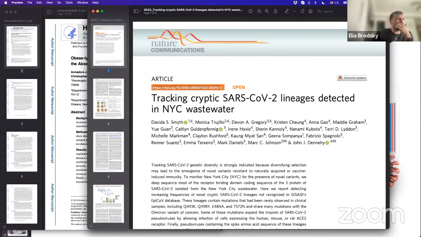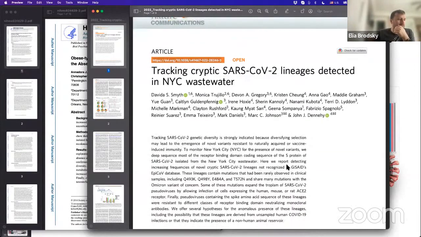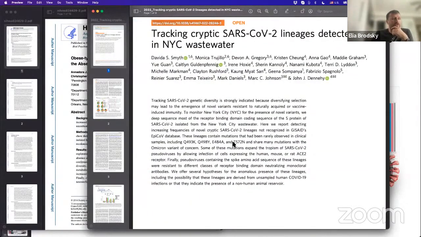And the interesting conclusion that they arrive at is that they, first of all, identify specific mutations that are not found in clinical samples. Number two, they took those mutations and checked them in terms of binding and transmission and replication: how do they replicate in different types of cells? And they offer several hypotheses on how these could be driven by a non-human animal reservoir, right?